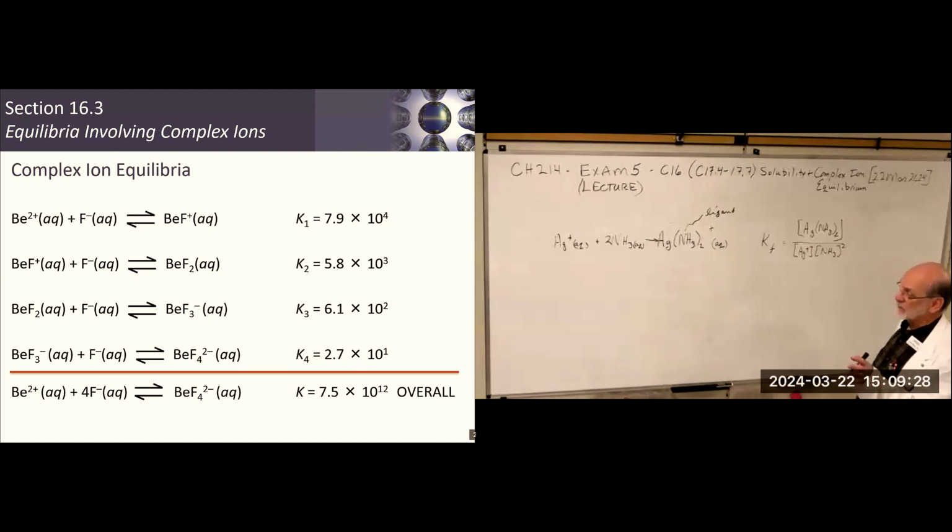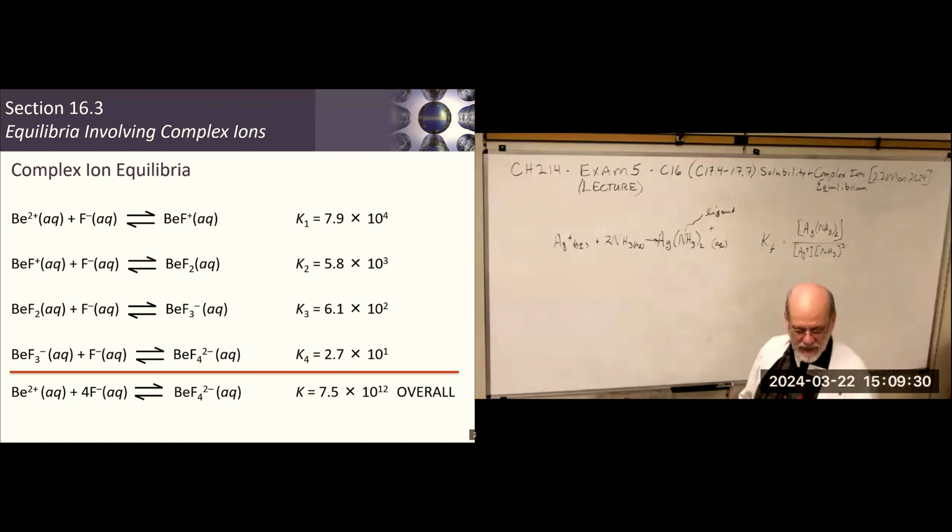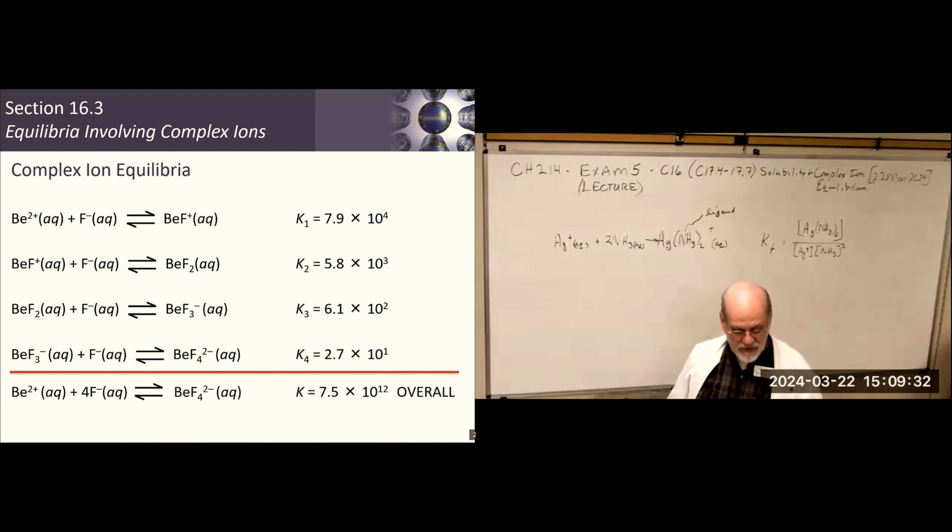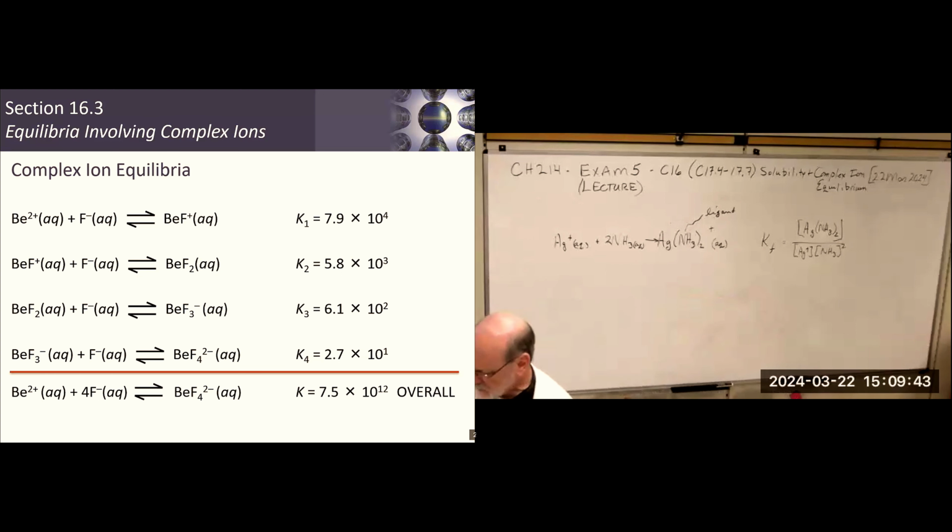For this example, we're forming a complex ion that eventually is beryllium tetrafluoride. Actually, there's a convention for naming these things.